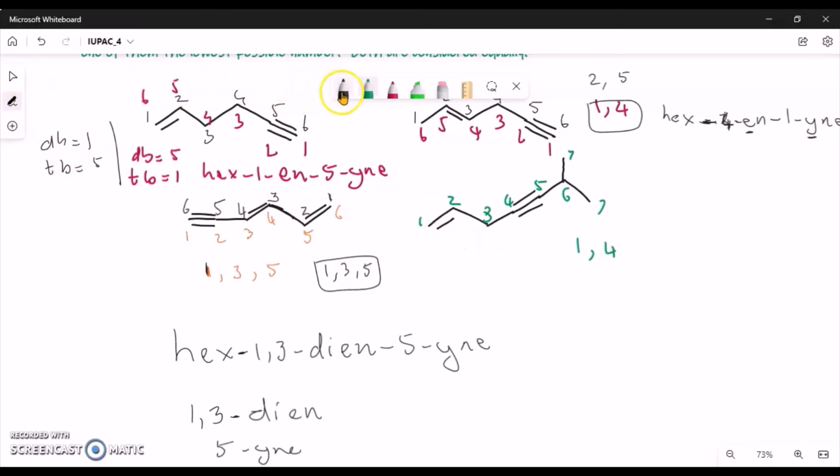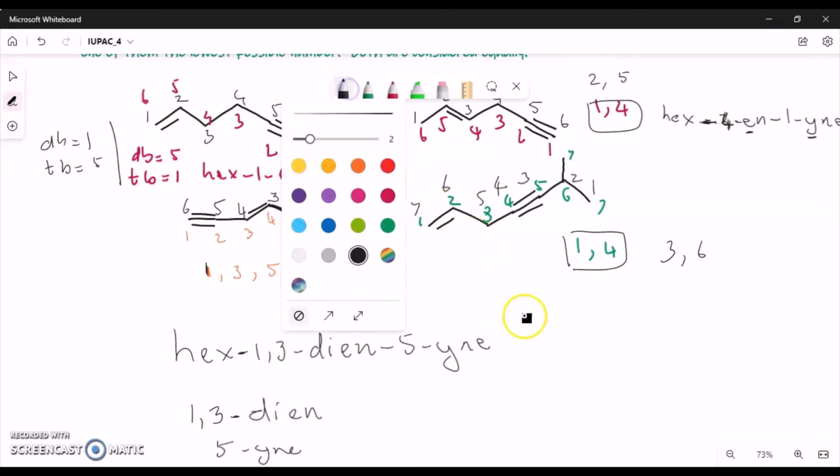If I number it in the opposite way, 1, 2, 3, 4, 5, 6 and 7, the numbers will be 3 for the triple bond and 6 for the double bond. So 1 and 4 are better. Therefore, I go for the green numbering, and 1 is the double bond.